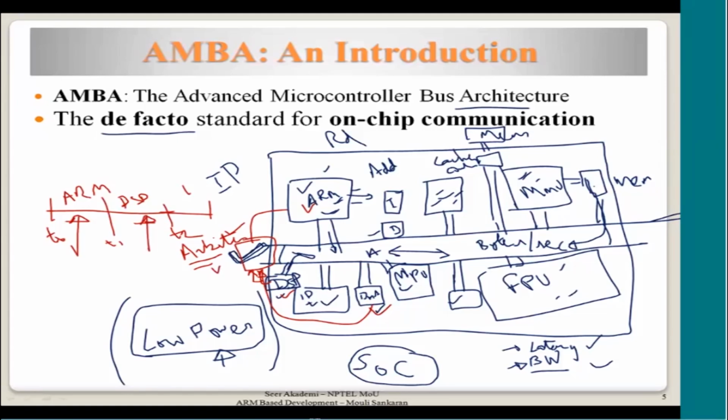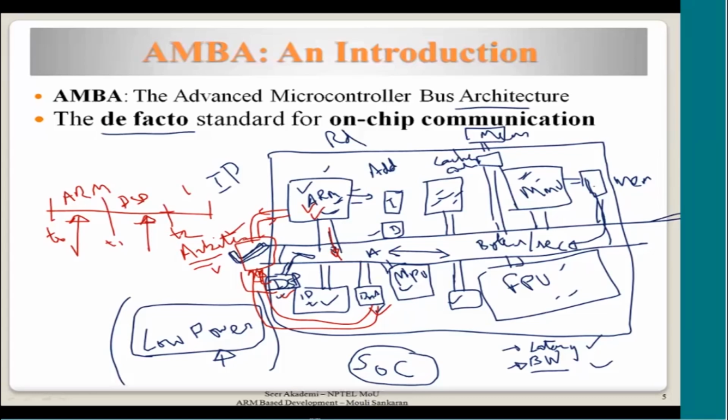The arbiter. It is a centralized arbiter module connected to all the masters in the chip, with only two signals: one is request and another one is grant. Every master who can initiate a transaction over the bus is connected to the arbiter, and they communicate with the arbiter before they transact over the bus. That means they should be granted access to the bus, and then they do it.